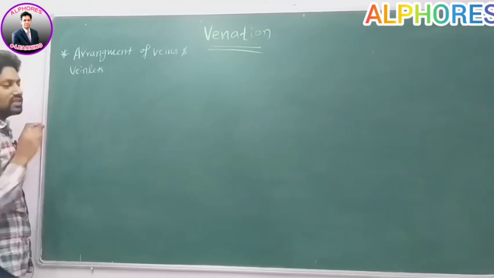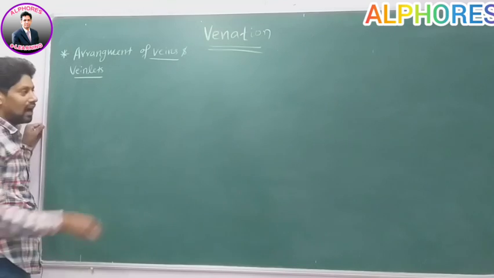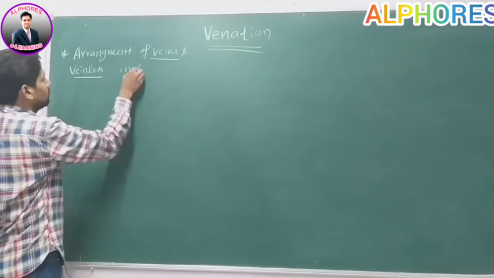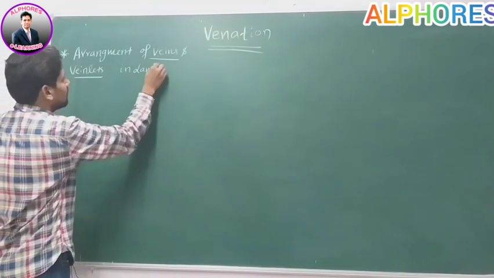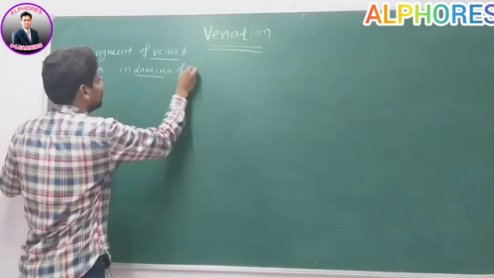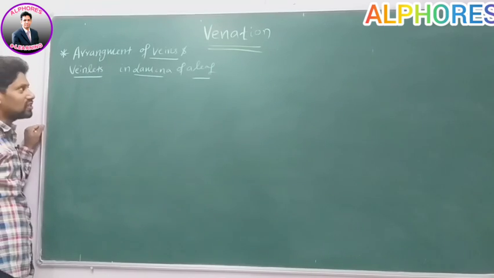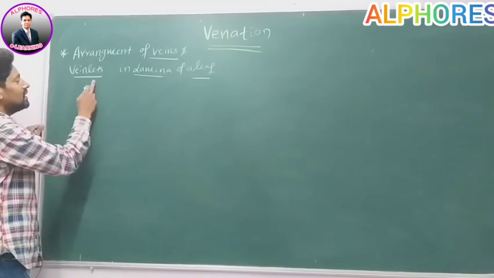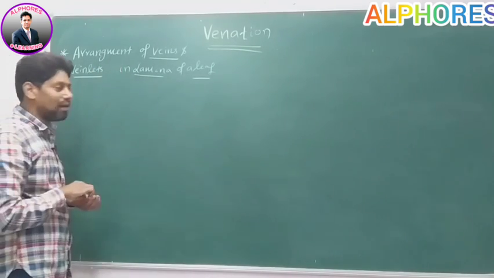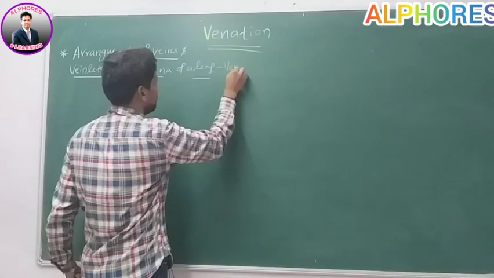Sir, yesterday we discussed where these veins and veinlets are present in the lamina. Lamina is a part of what? Leaf. Therefore, arrangement of veins and veinlets in the lamina of a leaf is called venation.